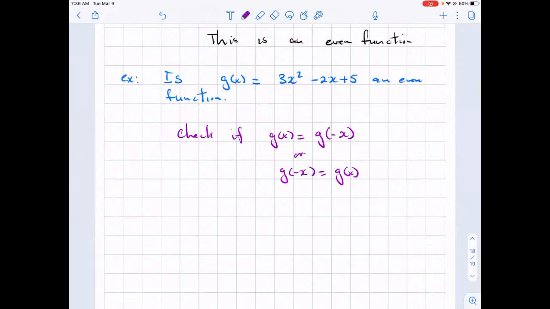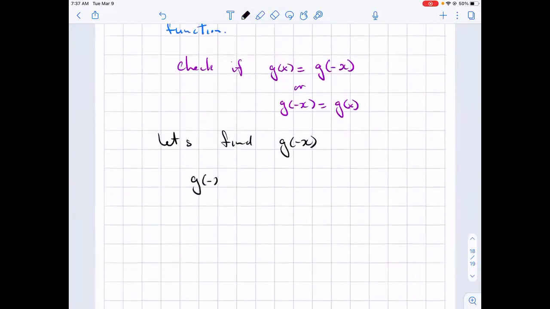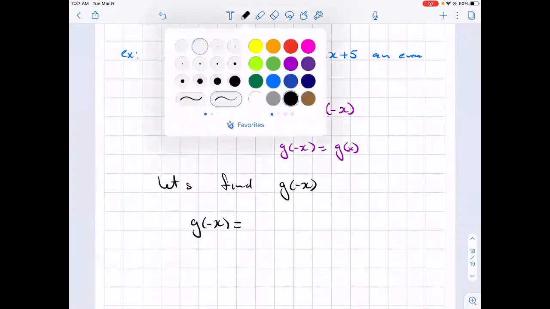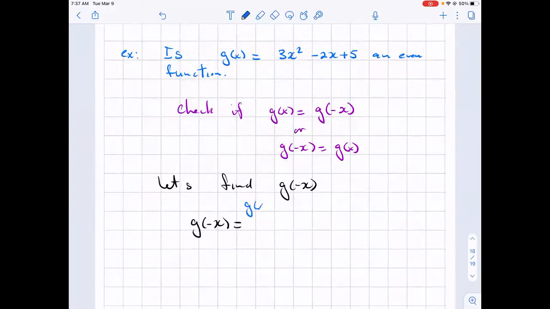So let's find g of minus x. Remember g of x is given, g of x is equal to 3x squared minus 2x plus 5.